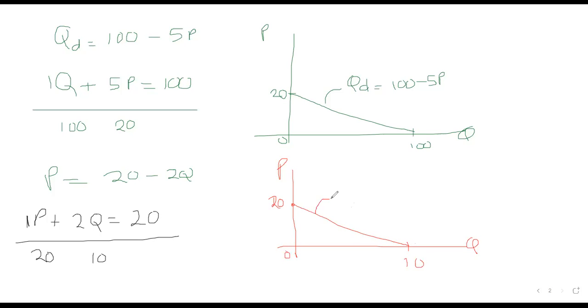So our demand function, P is called what? 20 minus 2Q. Correct.